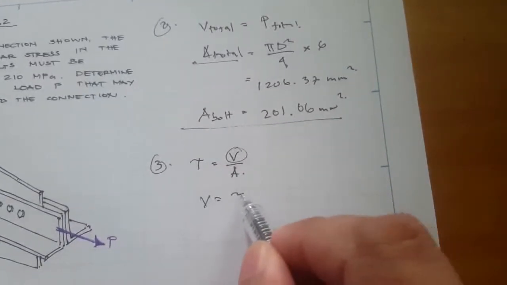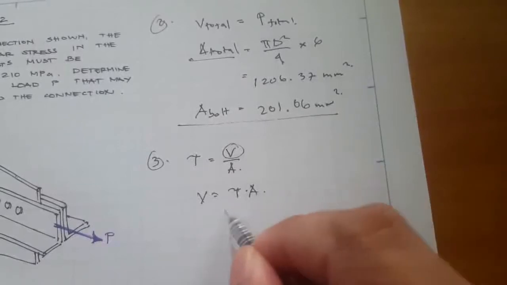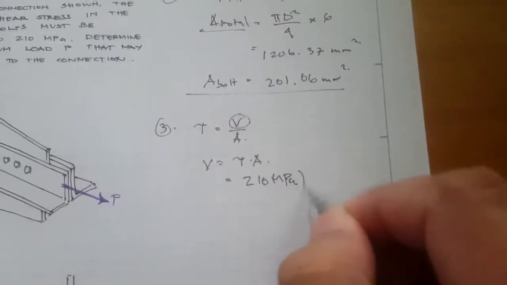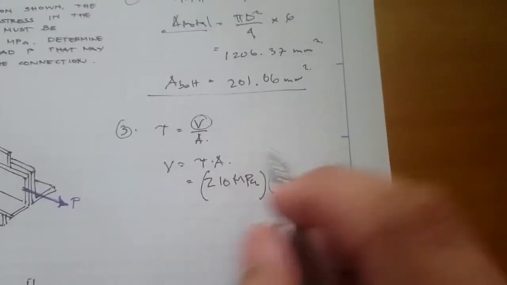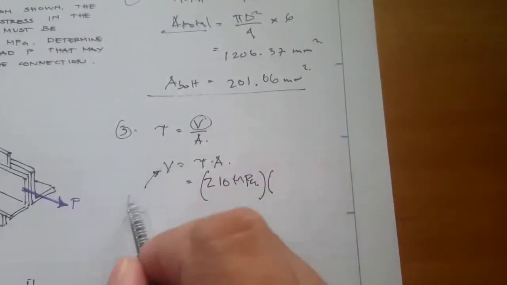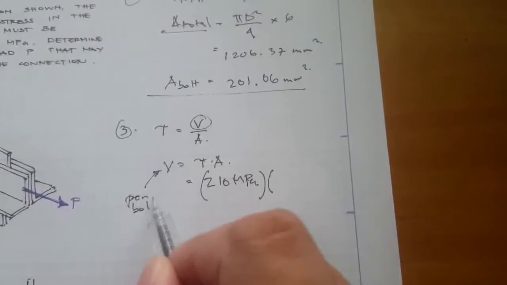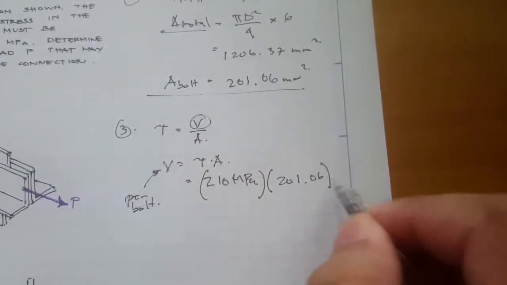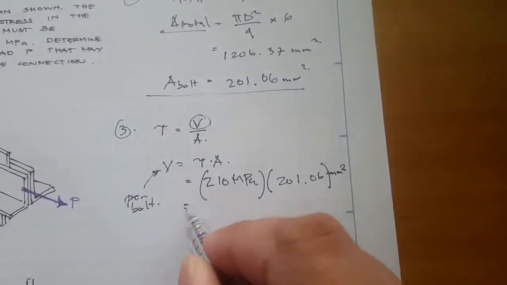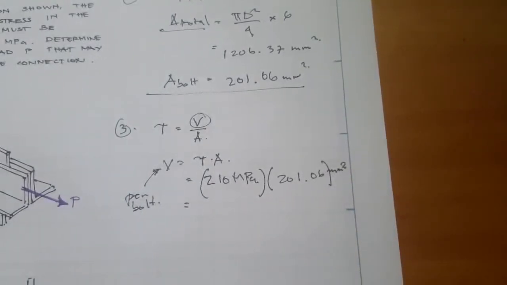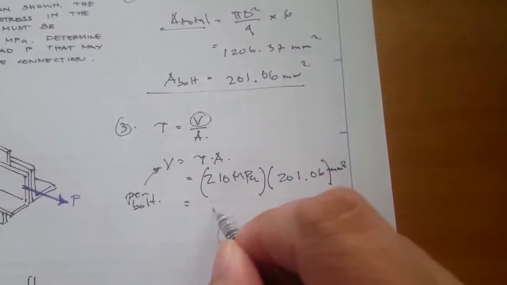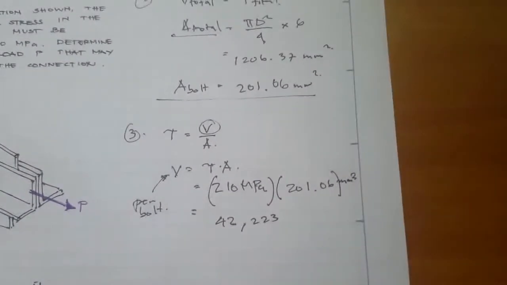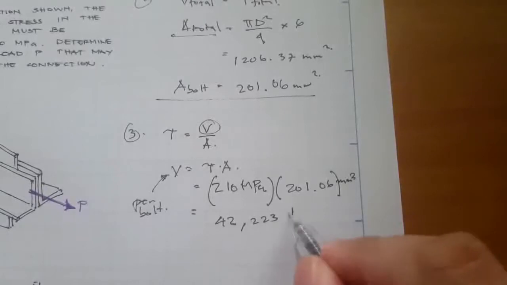V is equal to shear stress times the area, and the shear stress is 210 megapascals times the area of the bolt, per bolt, times 201.06 mm squared. So this is 42,223 newtons.